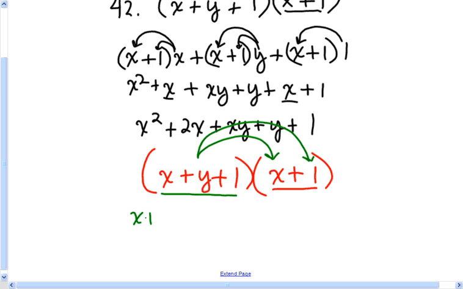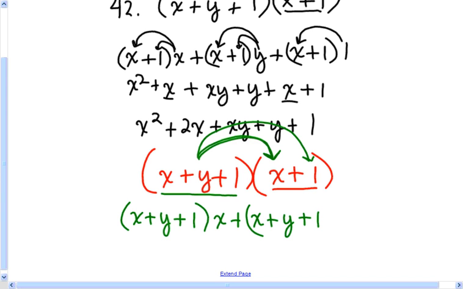That would look like this, x plus y plus 1 times x, and then x plus y plus 1, the second part, times 1.